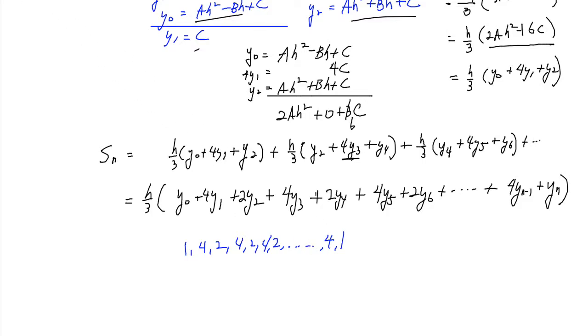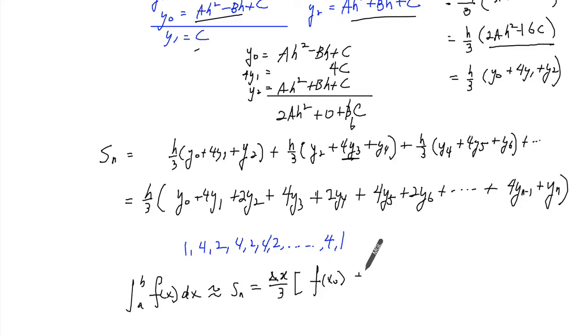Okay, so just to summarize, integration from a to b for a function. To estimate this using Simpson's rule, h here is referring to the delta x. So delta x over 3, right? It's going to be f at x0. So this y0, of course, represents f at x0.